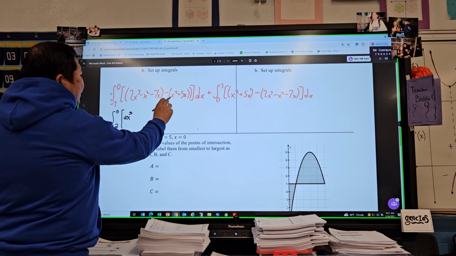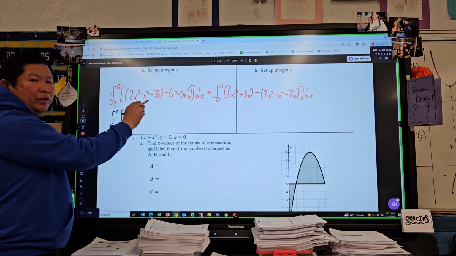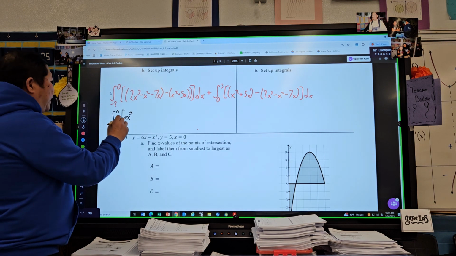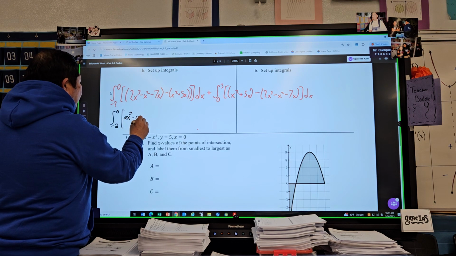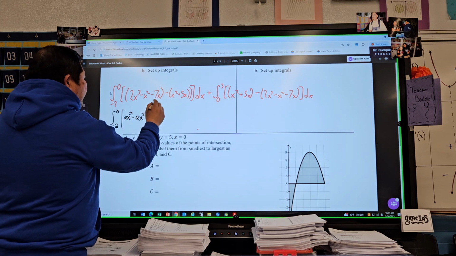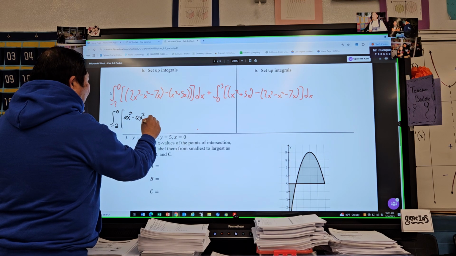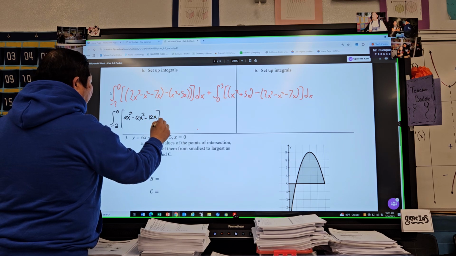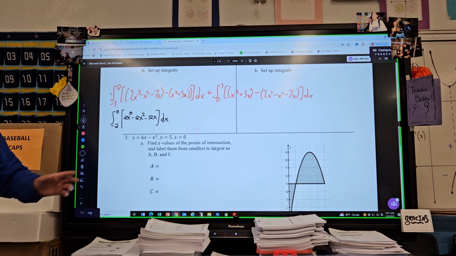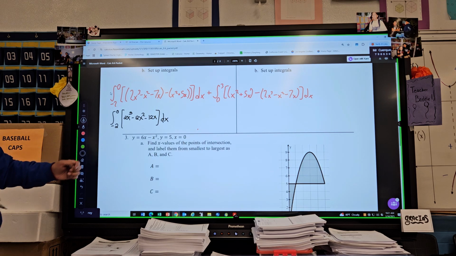I'm going to combine right away after I distribute. So you can distribute mentally, okay? So minus 2x squared, and then this is minus 12x dx. So this is condensed form already. Okay, guys?